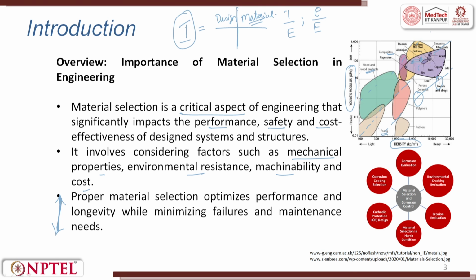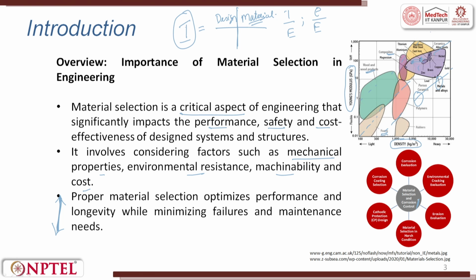So, when we are trying to choose material for corrosion control, you will see corrosion evaluation has to be done, then environmental cracking evaluation, erosion evaluation, material selection in harsh conditions, and then cathodic protection design will be there, and corrosion coating selection should be there. So, all these things influence the corrosion control. Suppose you take a ship which sails in water for a long time, it will always have corrosion behavior.